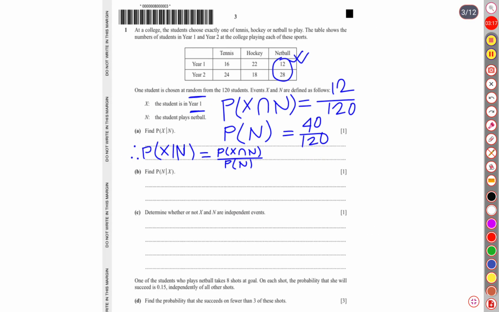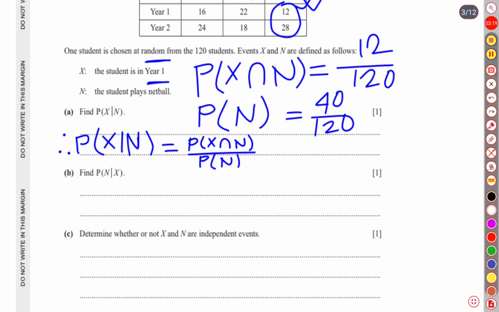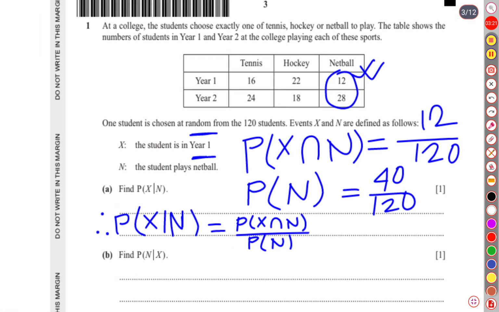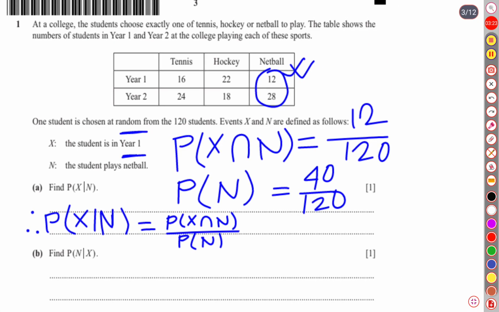Yes, so the probability of X intersection N is 12 over 120. Let me erase this and write again.